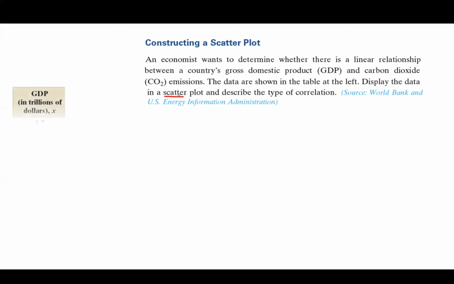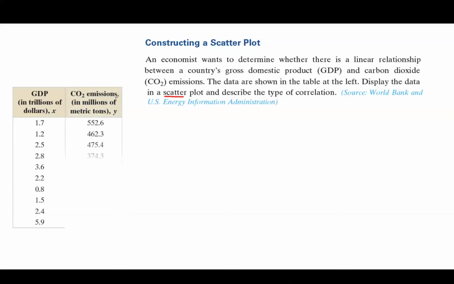The x values are GDP in trillions of dollars that we denote by x: 1.7, 1.2, 2.5, 2.8, 3.6, and so on. And the y values, which are CO2 emissions associated with each x value, are in the right-hand side column.